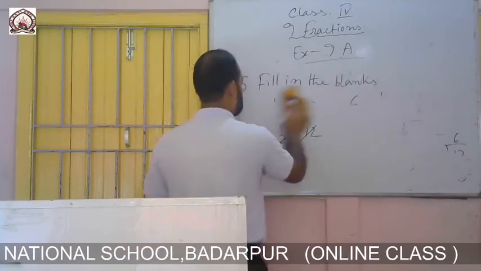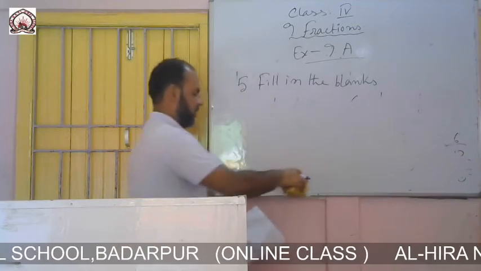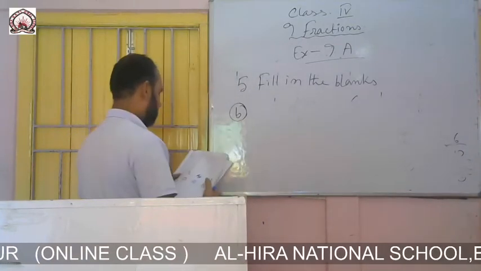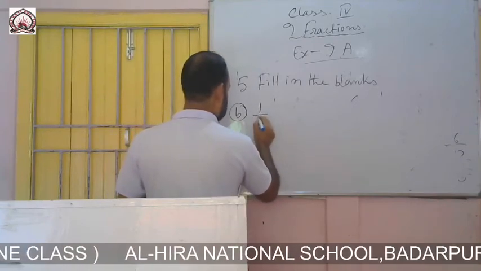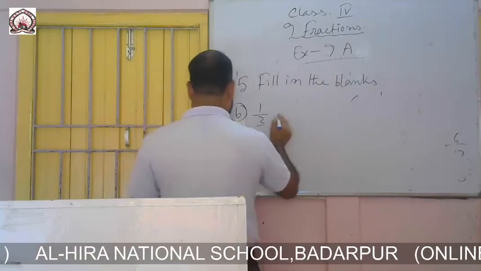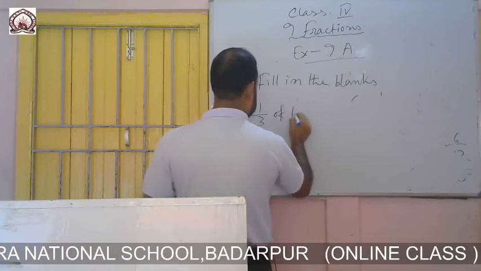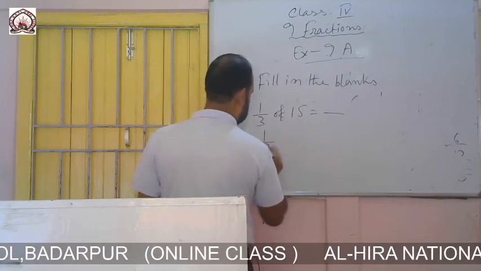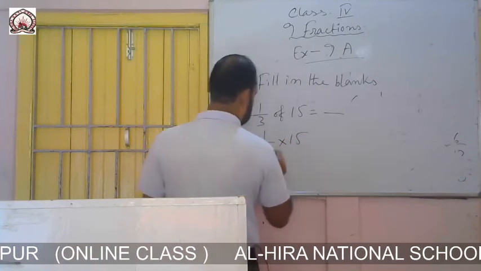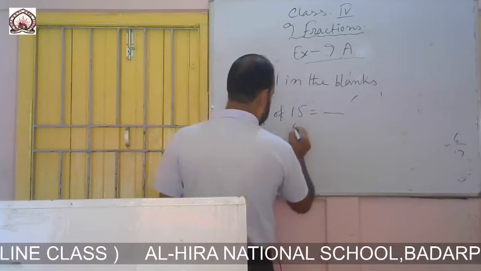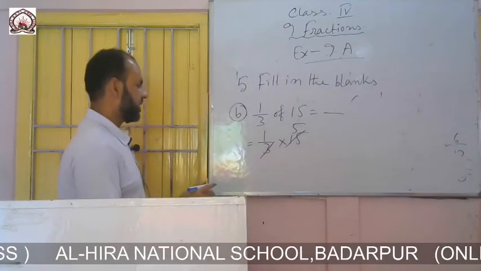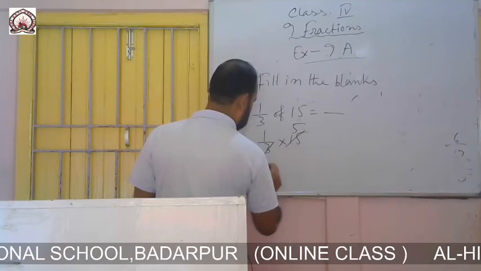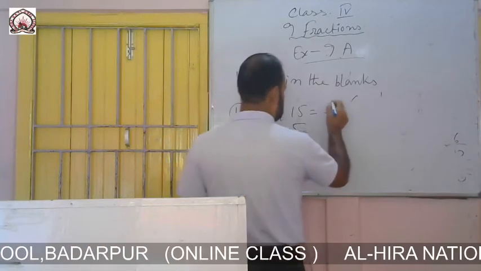Next, question number B, 1/3 of 15 equal to dash. 1/3 into 15, 3 1 is 3, 3 5s are 15. So 5 1 is 5. Answer is 5.